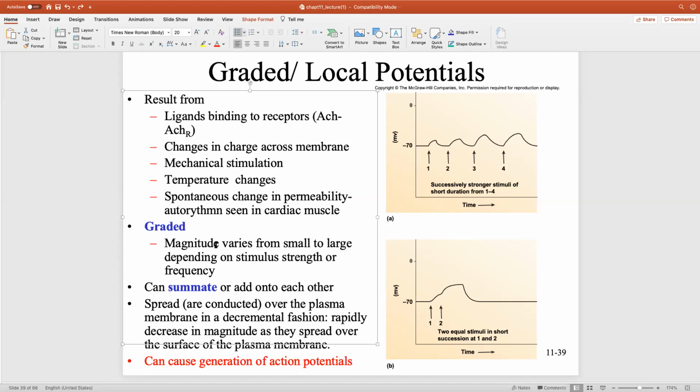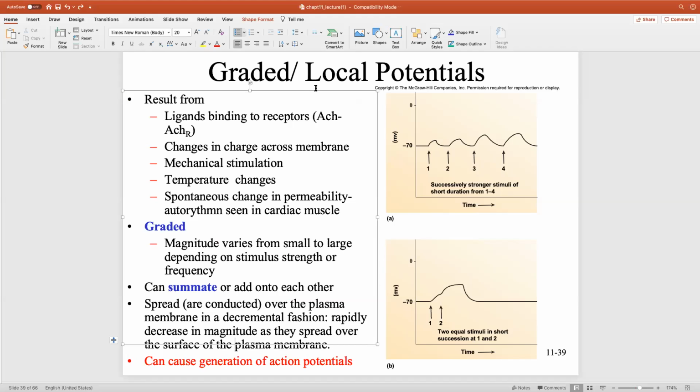As sodium rushes in, the region that is further away doesn't receive acetylcholine, so those receptors don't activate. So the further we get away from where the acetylcholine binds with acetylcholine receptors, the less sodium goes into that area. So there's a decremental effect. In other words, they decrease in magnitude as they spread throughout the surface of the plasma membrane.